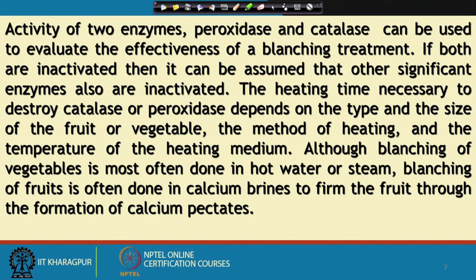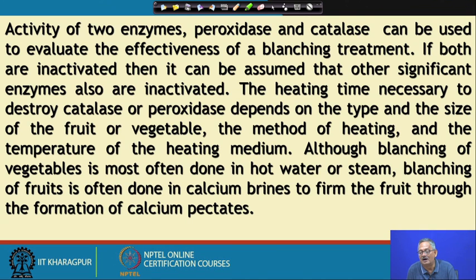If both are inactivated, then it can be assumed that the other significant enzymes are also inactivated. The heating time necessary to destroy catalase or peroxidase depends on the type and size of the fruit or vegetables or food, the method of heating and the temperature of the heating medium.